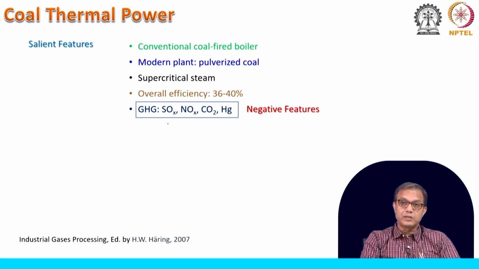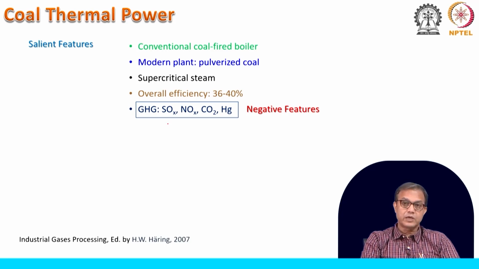But at the same time, it is not helpful for the environment. So, if we have to take care of this environment and hydrogen simultaneously, what we need to look at is that we have to reduce the emission of these greenhouse gases, and not only that, we have to think about enhancing the overall efficiency of this process.